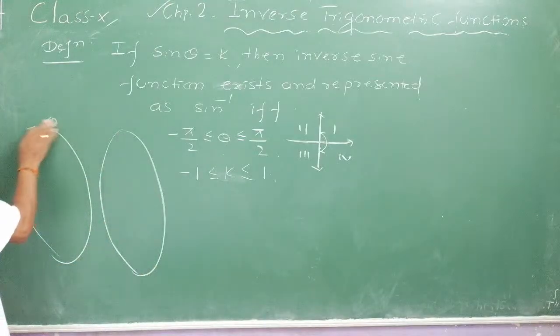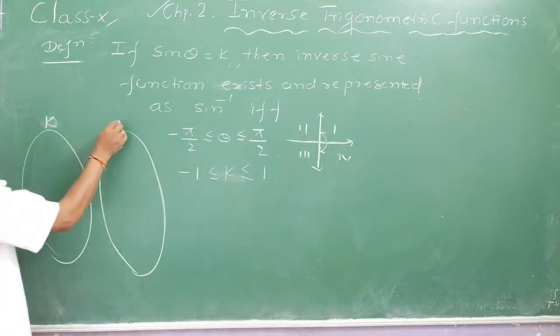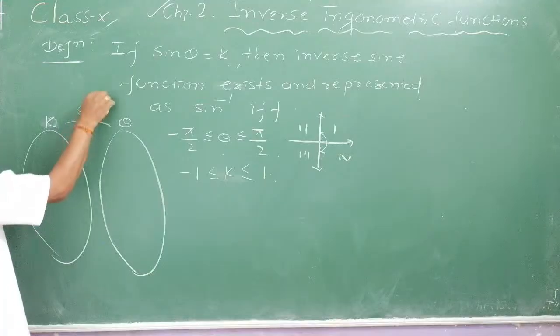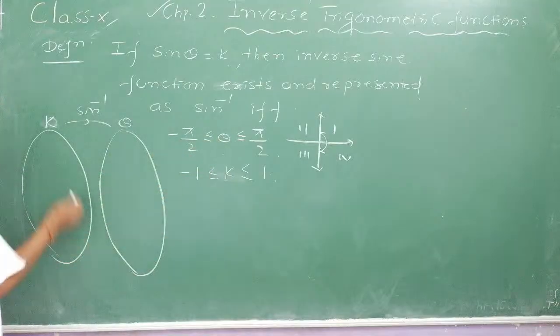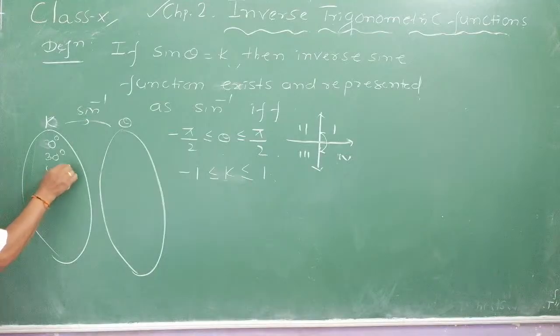This is inverse sine function at interchange domain and codomain. Here it is theta, and this is inverse sine function if you take the values only in first and fourth quadrant. Let me take 0 degree, 30 degree, then you take a 45 degree, then you take a 60 degree.